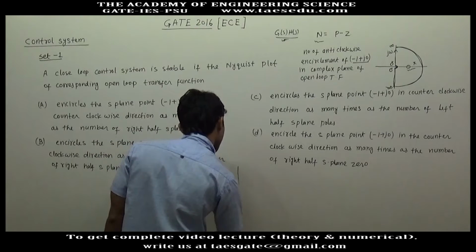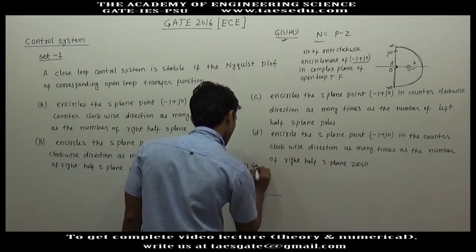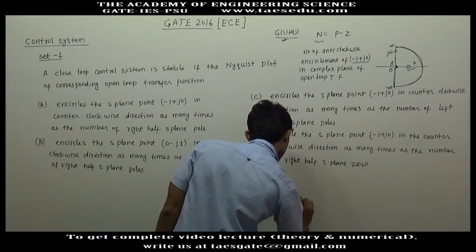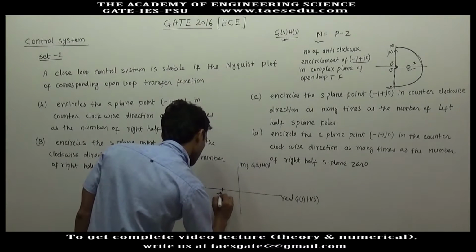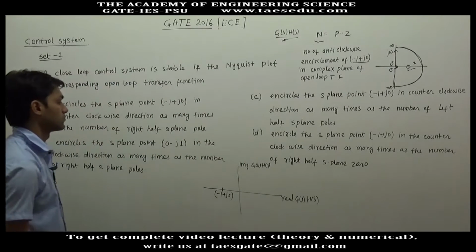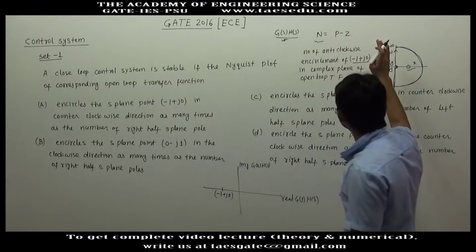Let's say this is the complex plane of G(s)H(s). This is the imaginary part of G(s)H(s), and this is the real part of G(s)H(s). And here we have -1 plus j0. So N is the anti-clockwise rotation.